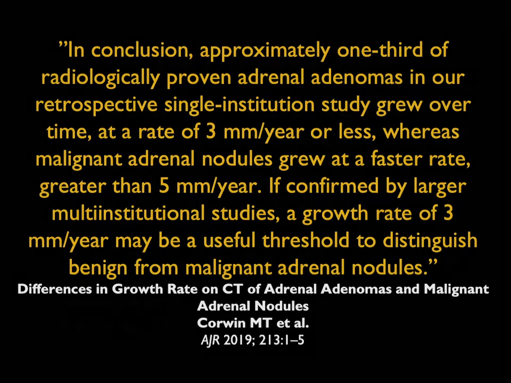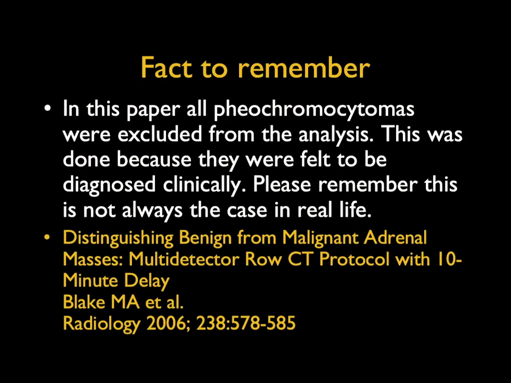Okay? Now, when I mentioned this washout, about a 60% washout, it's important to remember pheochromocytomas are the exception to the rule, because when they did the articles, they would always leave pheos out. Pheos enhance significantly higher than adenomas, and they wash out equally well.